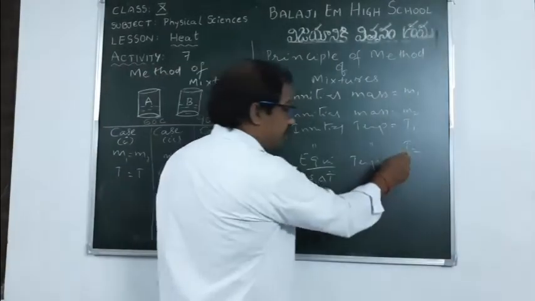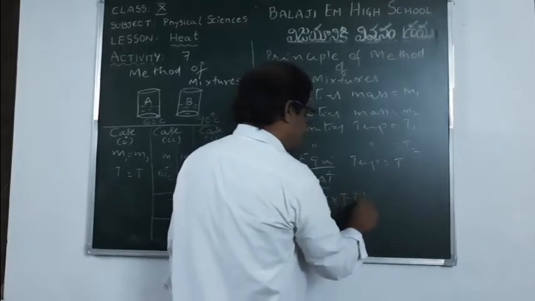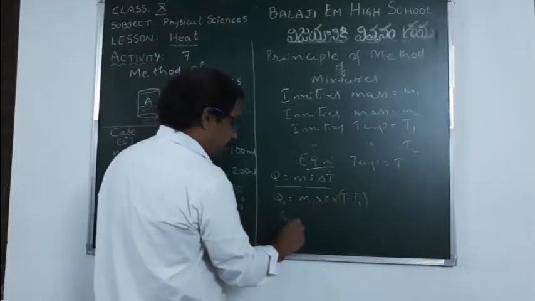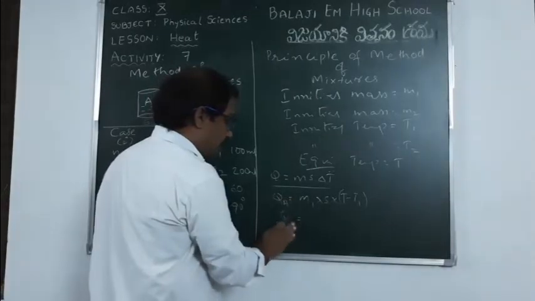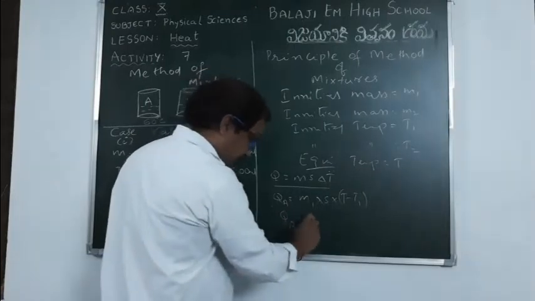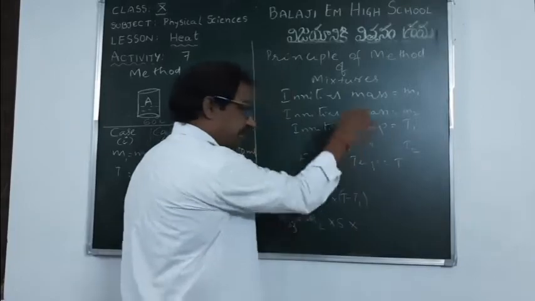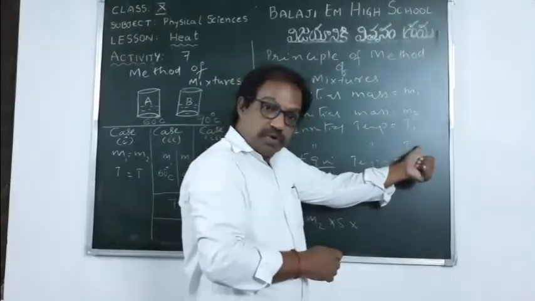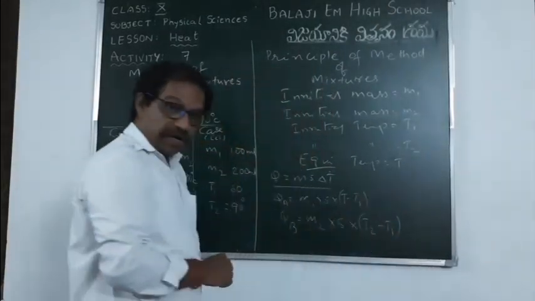It is T minus T1, the ΔT for A. And for B, let us take Q of A and Q of B. Q of B is equal to M2 times the specific heat of water times the change in temperature. Which is more here, T2 or T1? T2 is more, so T2 minus T1.